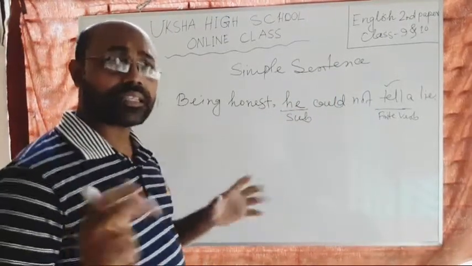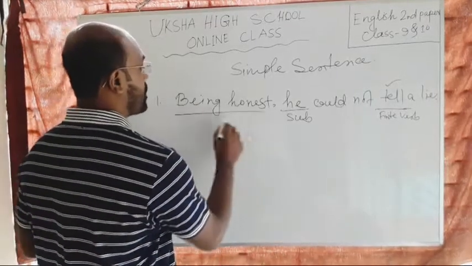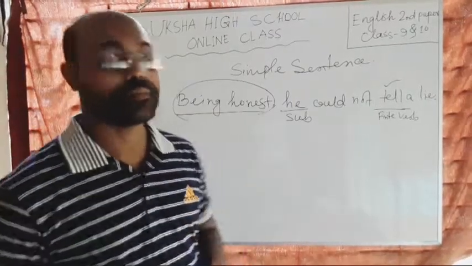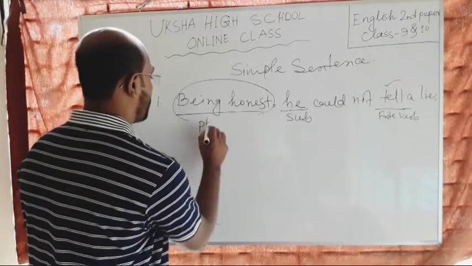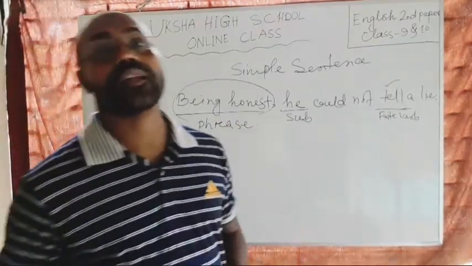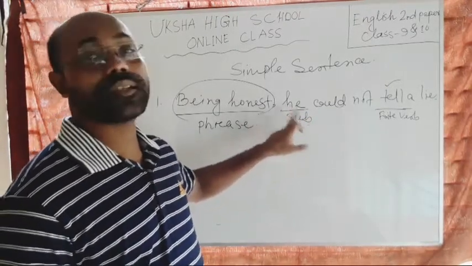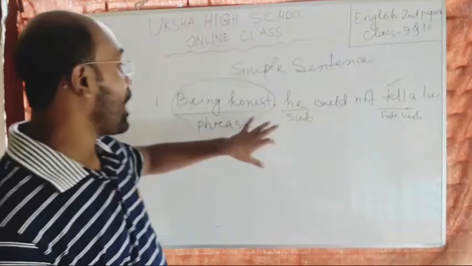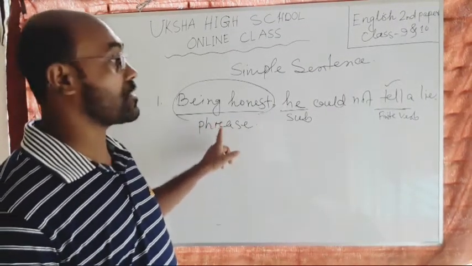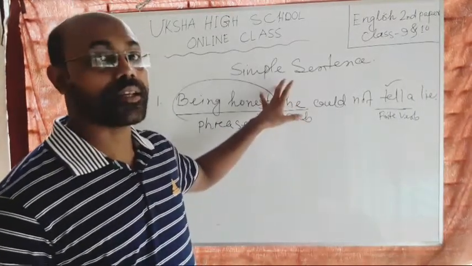And in a simple sentence, we of course find this part, which is a phrase. So dear students, when in a sentence we find a subject and finite verb, and another portion of the sentence is a phrase, then we can call it a simple sentence.